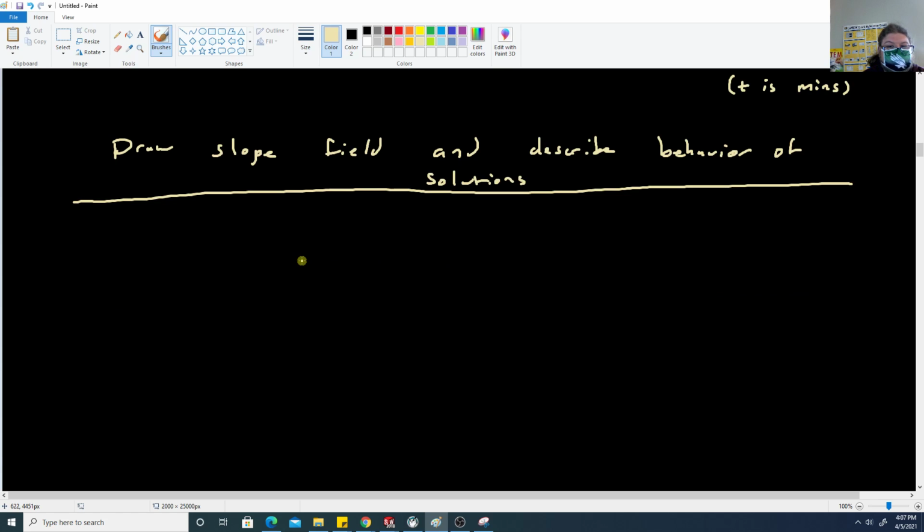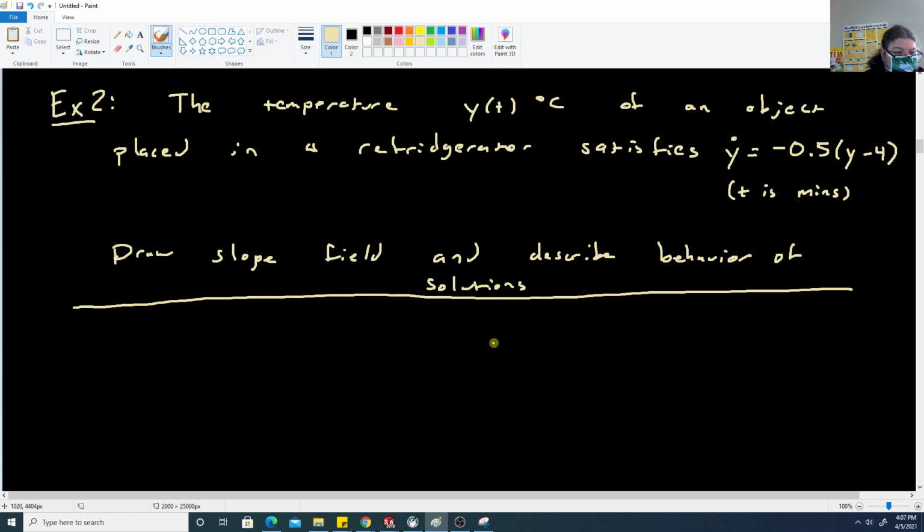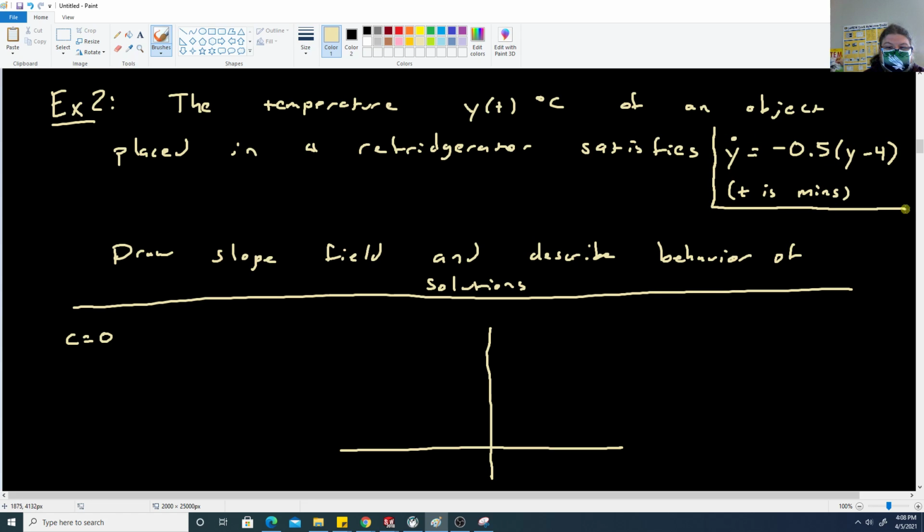Okay, so to draw the slope field, we're going to try to do this by isoclines again. So kind of looking at this, if we look for c equals 0, and we look at our equation right here, to make this y dot 0, I would have to put 4 in for y.